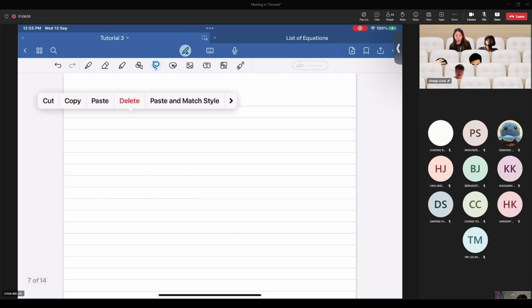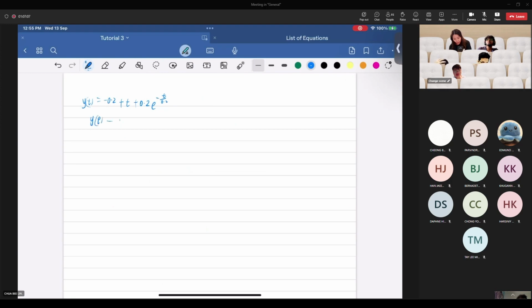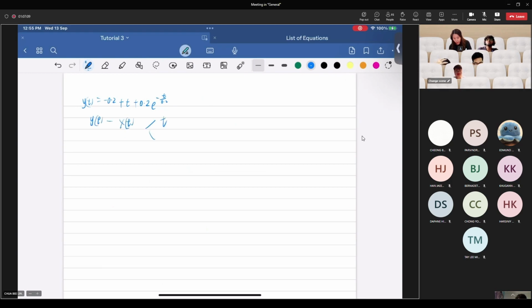They ask you to find yt minus xt at t equals 0.1 and t equals 1. So substitute yt minus xt.